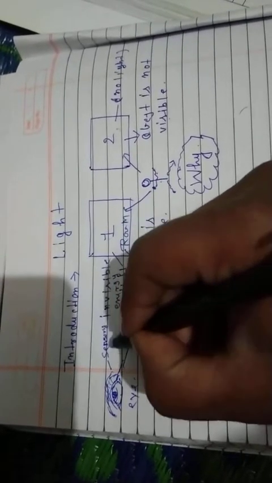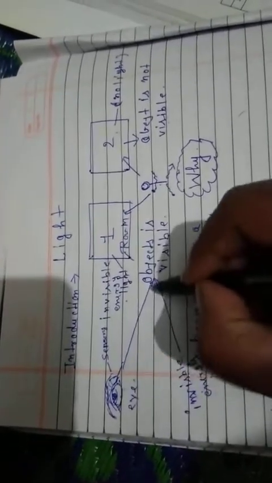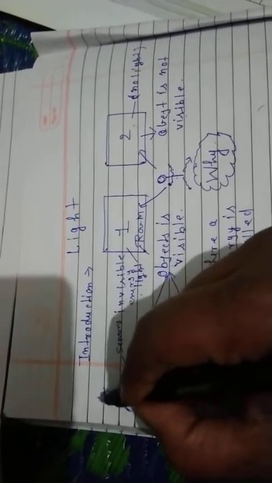The eye is known as our sensory organ, and this sensory organ just senses the light and sends the message to the brain.